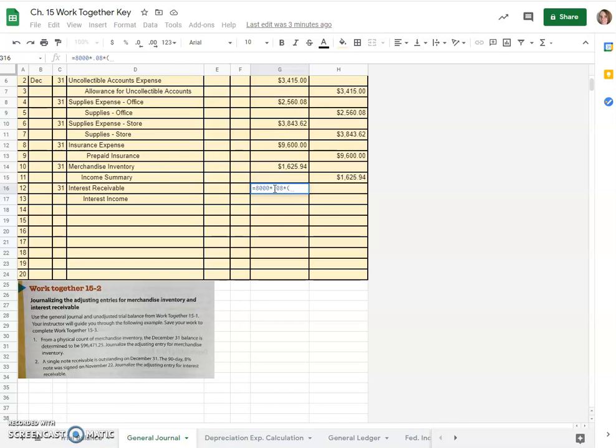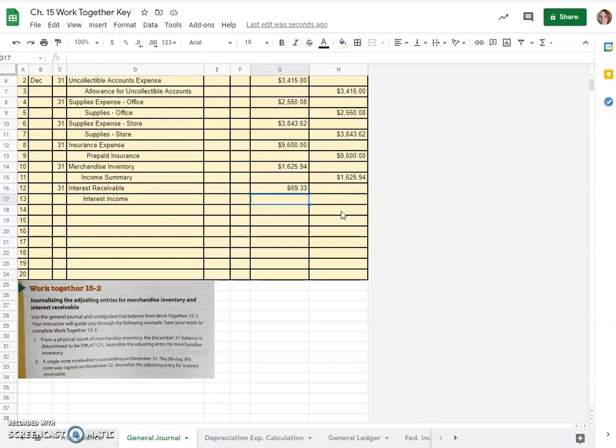So it's a 90-day note signed on November 22nd. The 22nd to 30th would be 8 days, plus 31 days in December. So 8 plus 31 would be 39 days. 39 out of the 360 days banks like to use as a year.